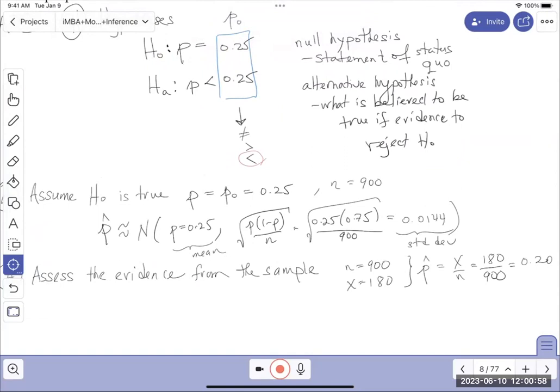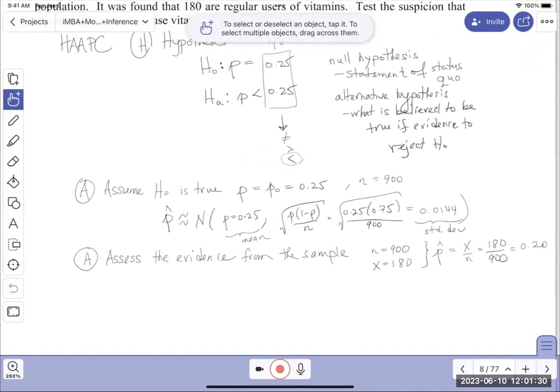Well, P hat has a distribution, and the distribution has a mean of 25, but it has some variation. It's not always going to be 25 in different samples, but on average, it's going to be 25 over all the samples with this kind of variation. So there's going to be a difference. Now, what we have to figure out is if 20% is outside normal, we have to see if 20% is an outlier.